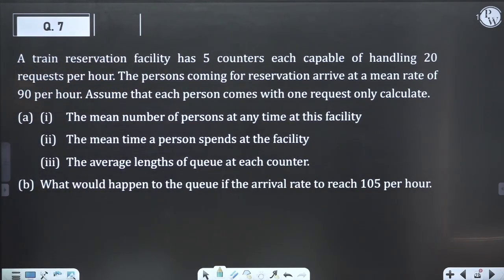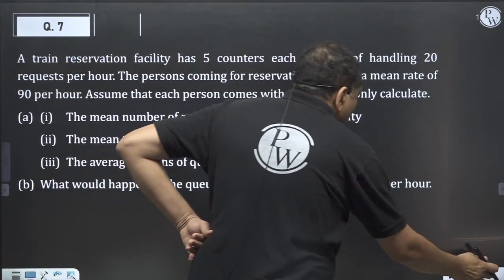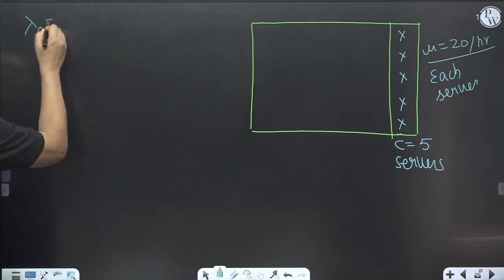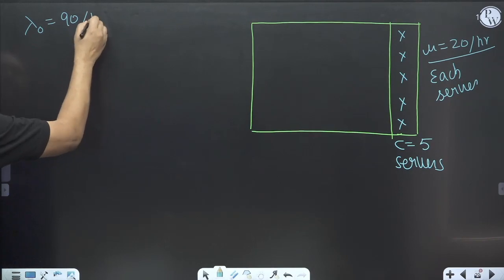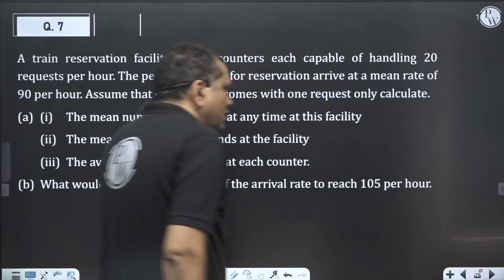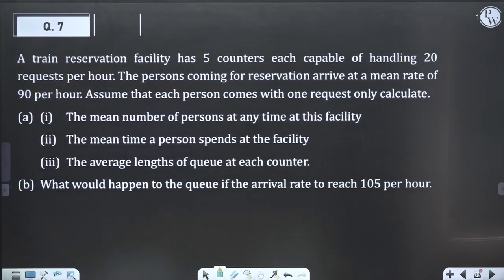The persons coming for reservation arrive at a mean rate of 90 per hour. Lambda overall is 90 per hour. Assume that each person comes with 1 request only.